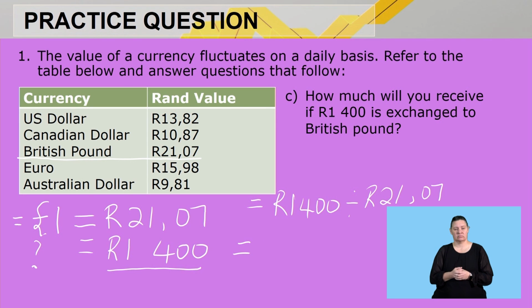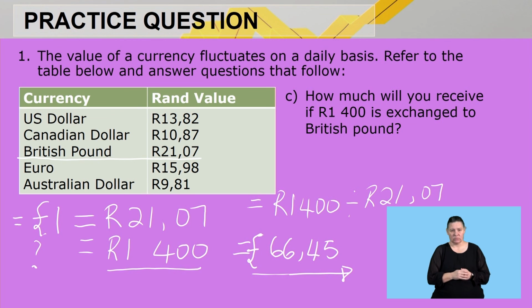Remember we are converting to British pound. Working it out with our calculator, we will have 66.45 British pound. So this is what you will be receiving when you are converting 1,400 to British pound.